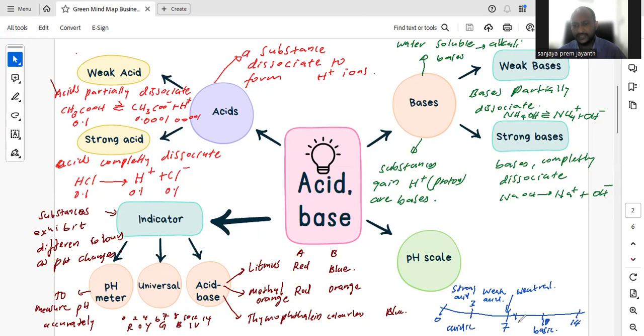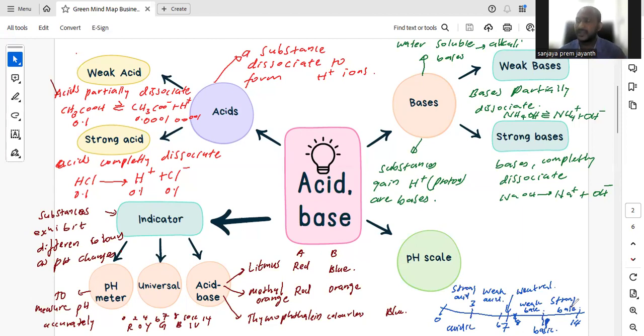Then we can consider pH 7 to 11 around as weak base, and 11 to 14 around as strong base. These are the acids, bases and the pH scale.